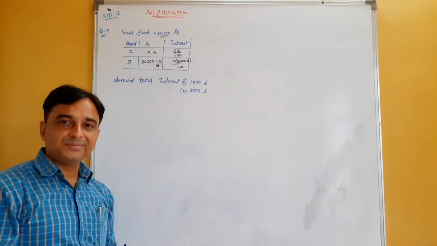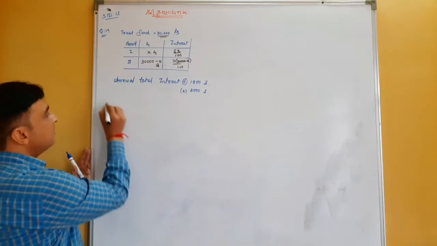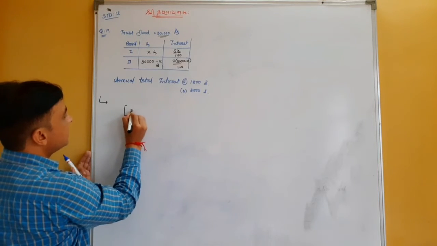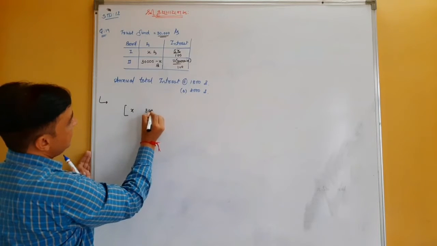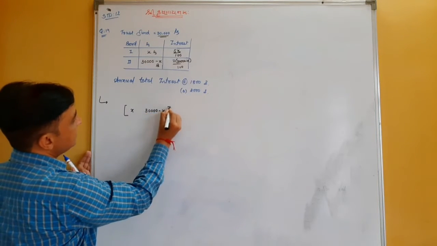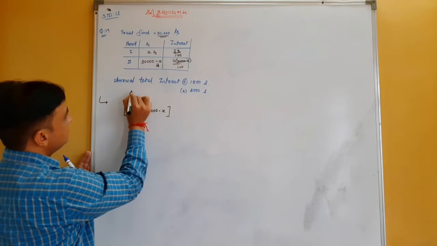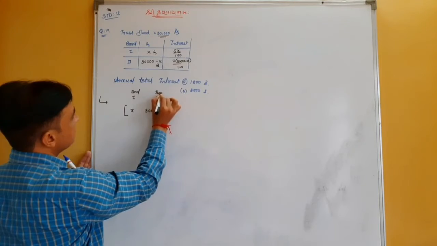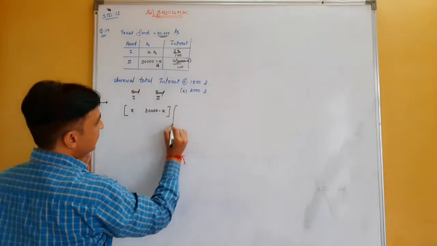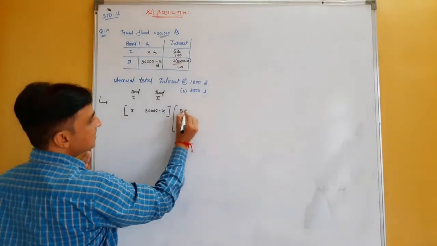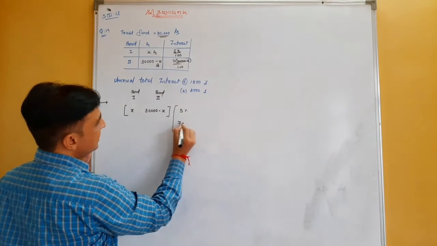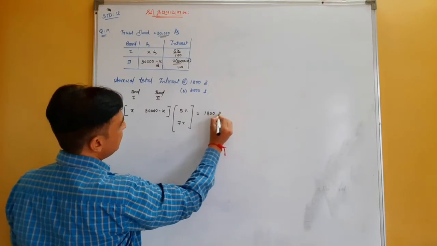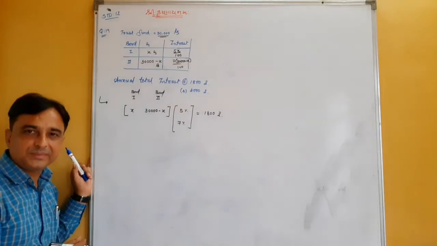1800 rupees, how much? So by matrix multiplication, make a matrix X and 30,000 minus X. This is the first bond and second bond. Rate of interest for the first one is 5% and here 7%, and total will be 1800 rupees.